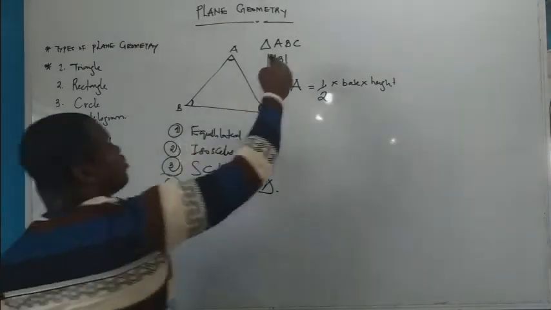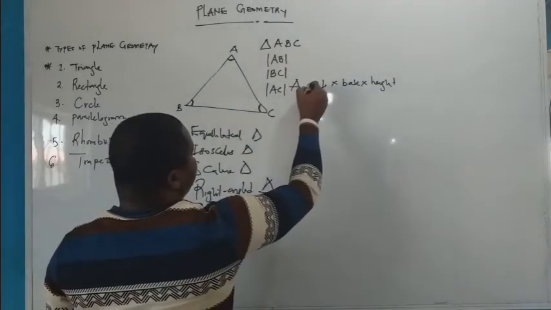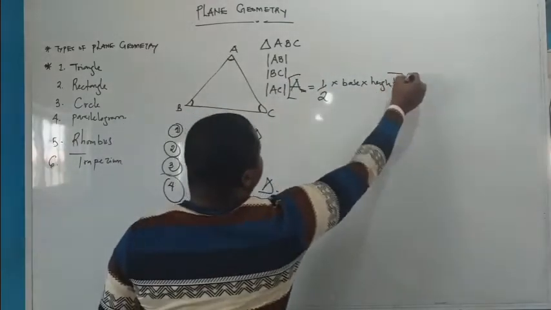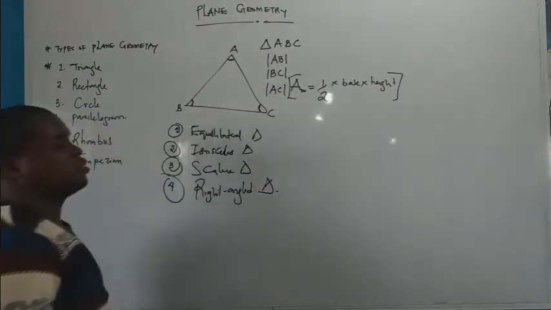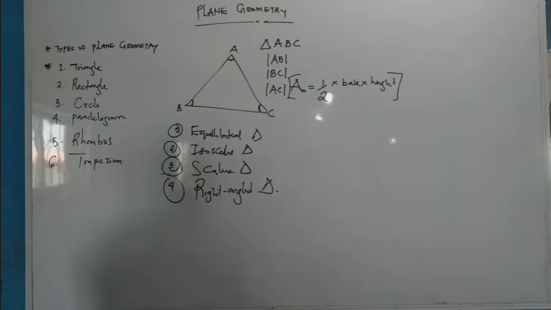But the formula to calculate the area of a triangle is half base times height. Is that clear? Depending on the question you are given to solve.